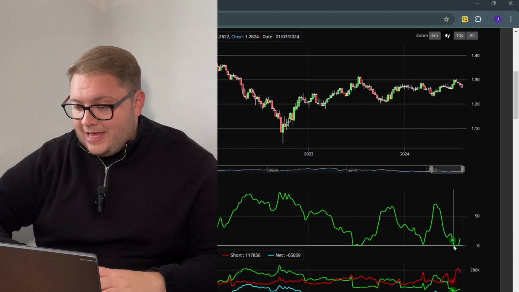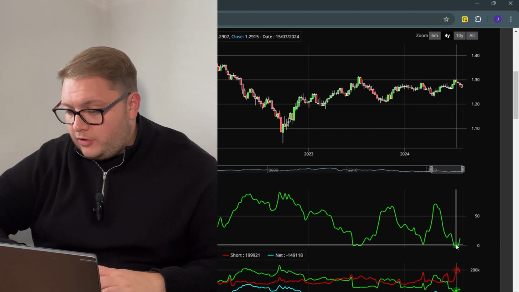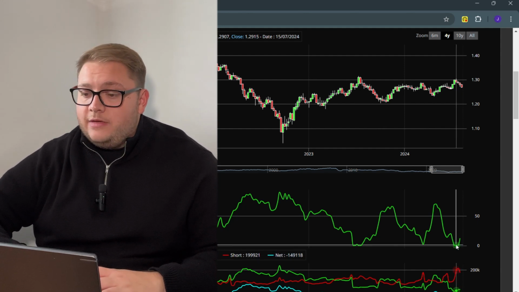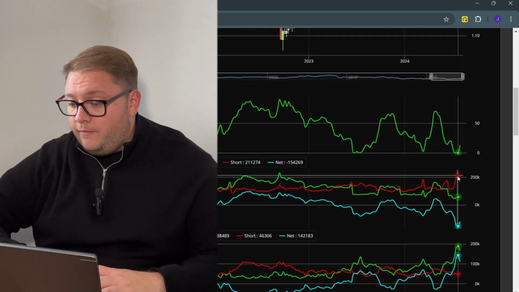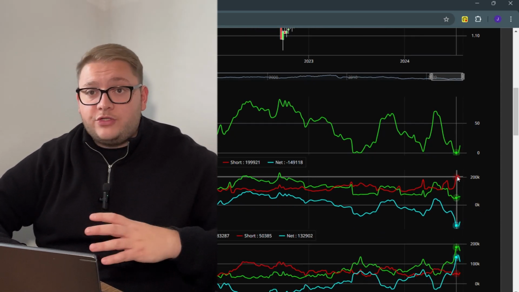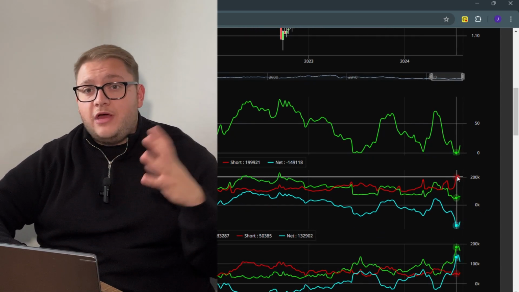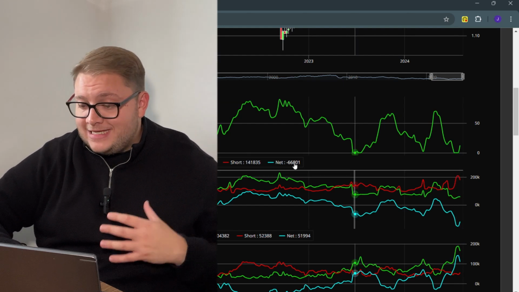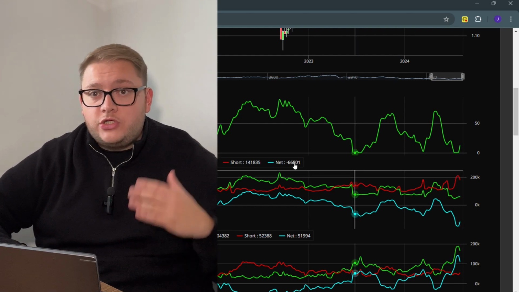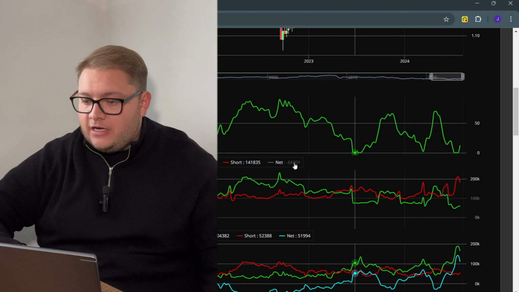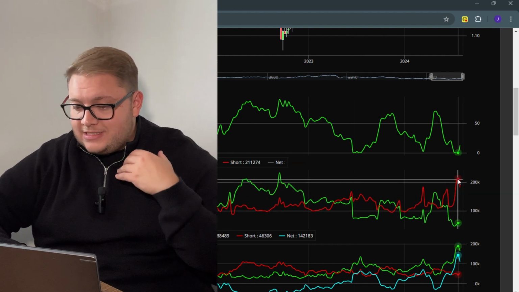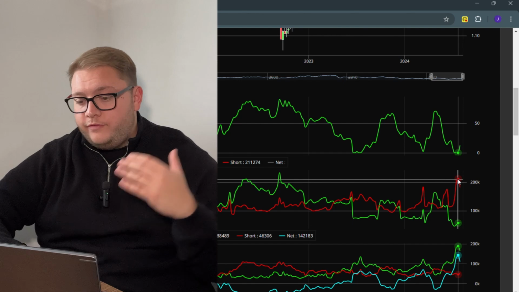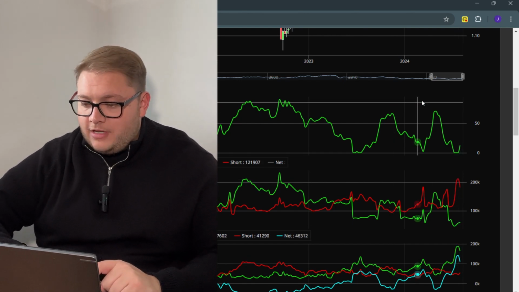And you can see that we had a sell signal a couple of weeks ago, and it was basically formed by one thing happening, and it was formed by the short contracts from the commercials, so those that are in the markets for business purposes, aggressively shorting at levels we haven't seen for a very long time. If we look at the chart here, we can see that the short contracts were over 211,000.